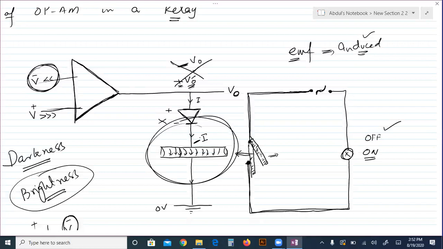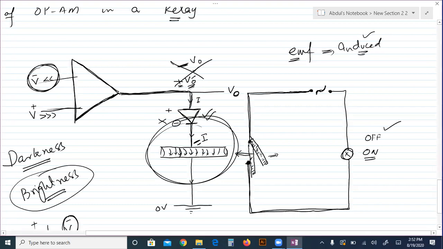Now, for the negative current induced in the coil for the short period of time, this diode becomes conductor because this negative side is connected with the negative. When it becomes conductor, current flows back. This terminal output has minimum impedance, ideally 0, but practically 100, very low.